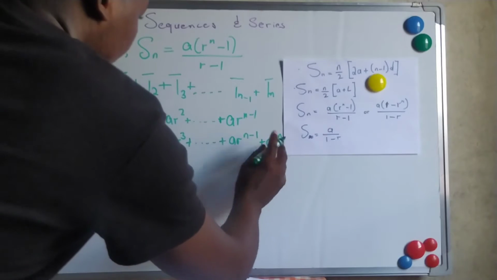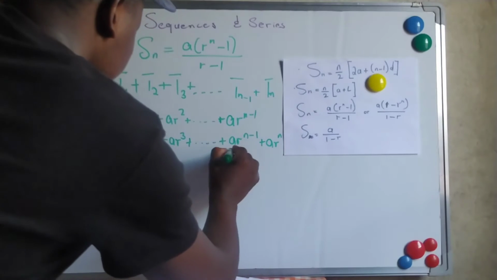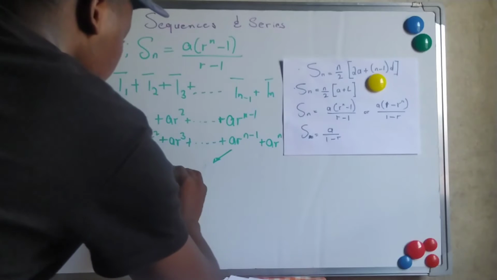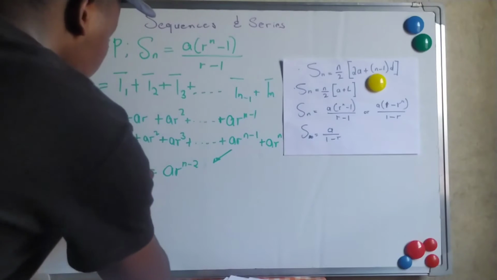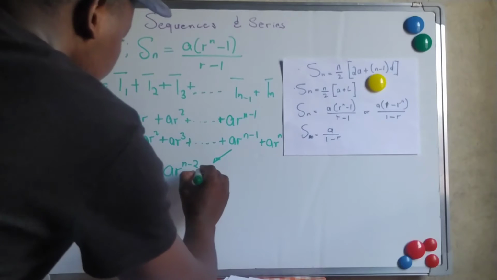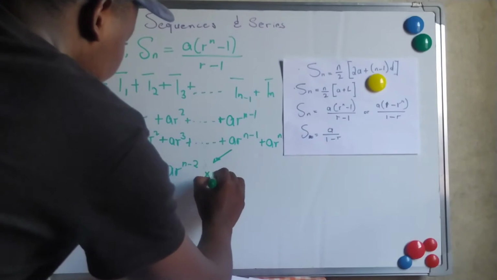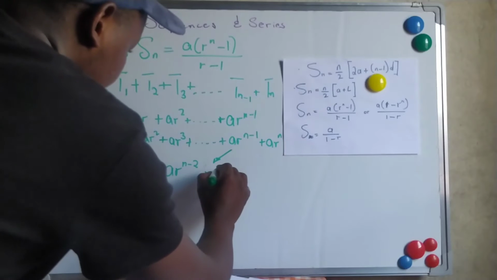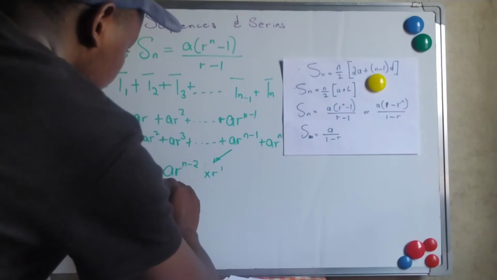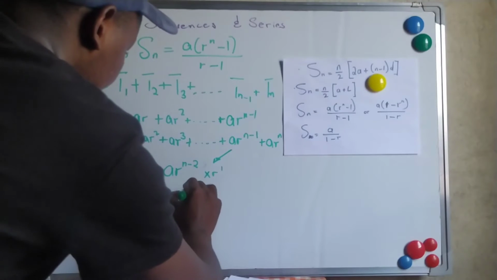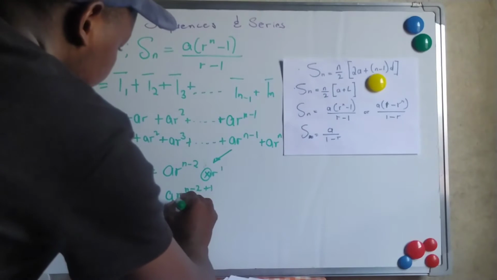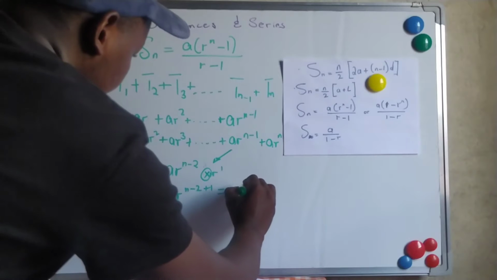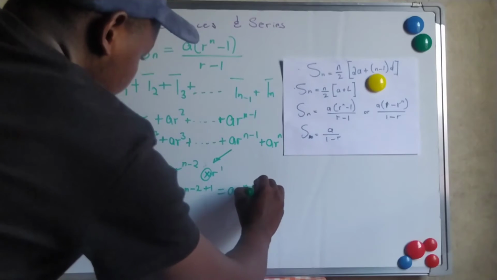This is how we got to ar to the n. For this one, you have ar to the n minus 2, which is equal to Tn minus 1. Then you multiply it by r, which is the same as r to the exponent 1. So you have ar to the n minus 2 plus 1 because of the multiplication, which results in ar to the n minus 1.